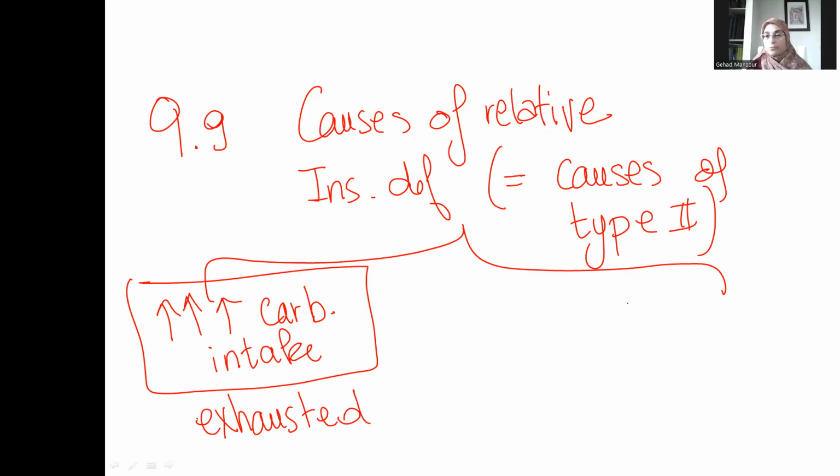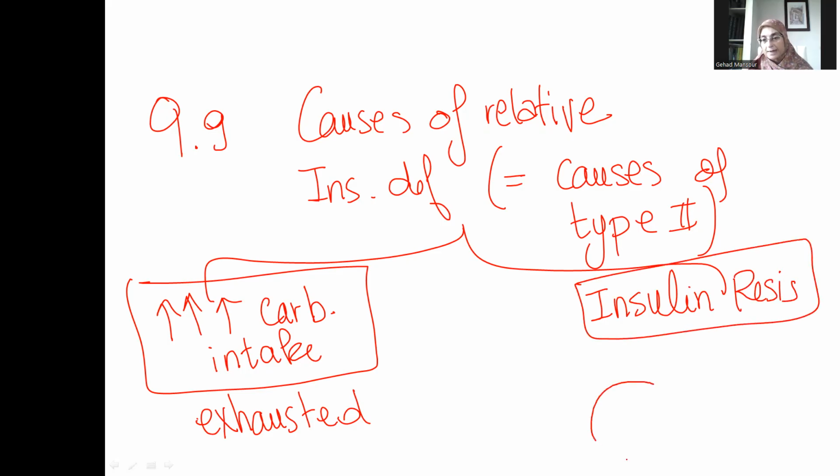And then the second one is insulin resistance, meaning that every cell has a protein molecule on its cell membrane, or several protein molecules on their cell membranes, that are called receptors for insulin, or insulin receptors.